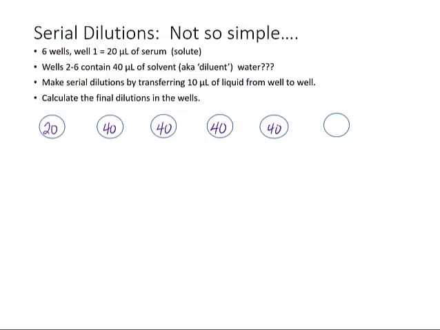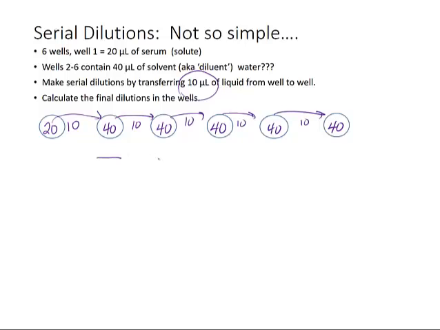Okay, so each of those originally contains 40. Now remember, I said reading is very important here. So I'm going to do my serial dilution by using 10 microliter aliquots. So I'm going to transfer 10 each time. Okay?